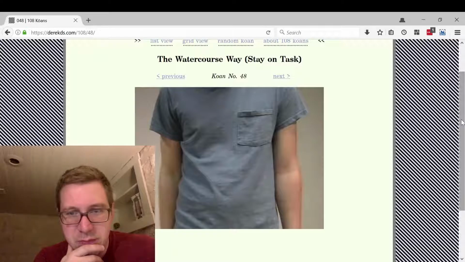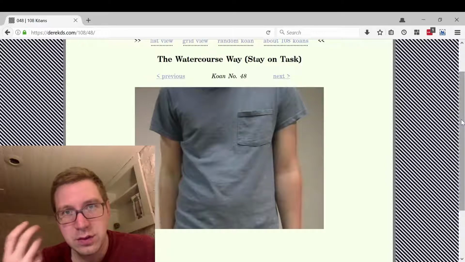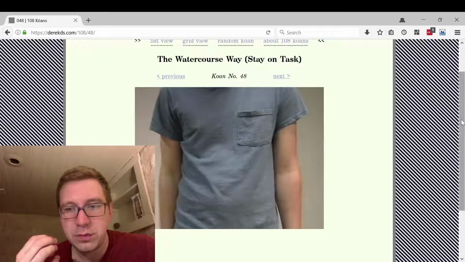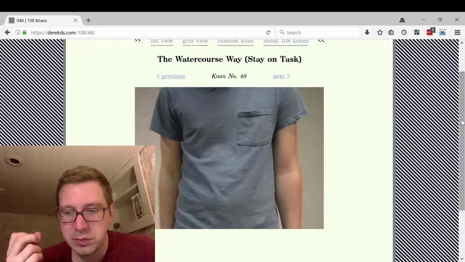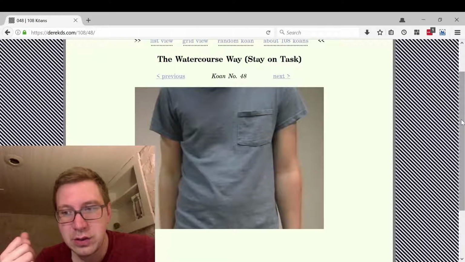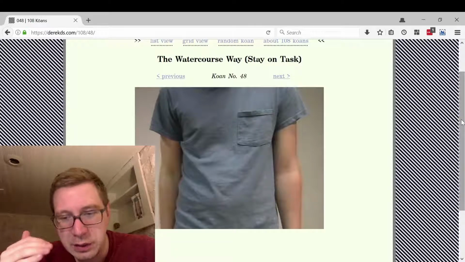So 108 Koans as a whole was very much this exercise in me trying to maintain this state of mind of Wu Wei, not actively pursuing art making, but just letting it brush past me on my journey.